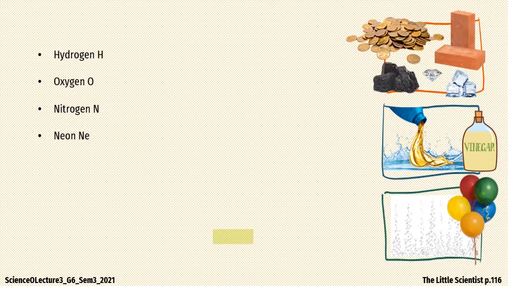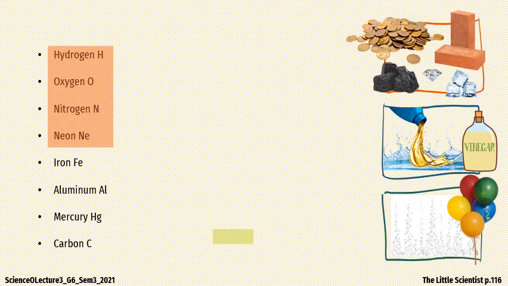The first letter must be capital, the second one should be a small letter, so Ne represents neon. Fe stands for iron, Al for aluminum, Hg for mercury, and C for carbon.